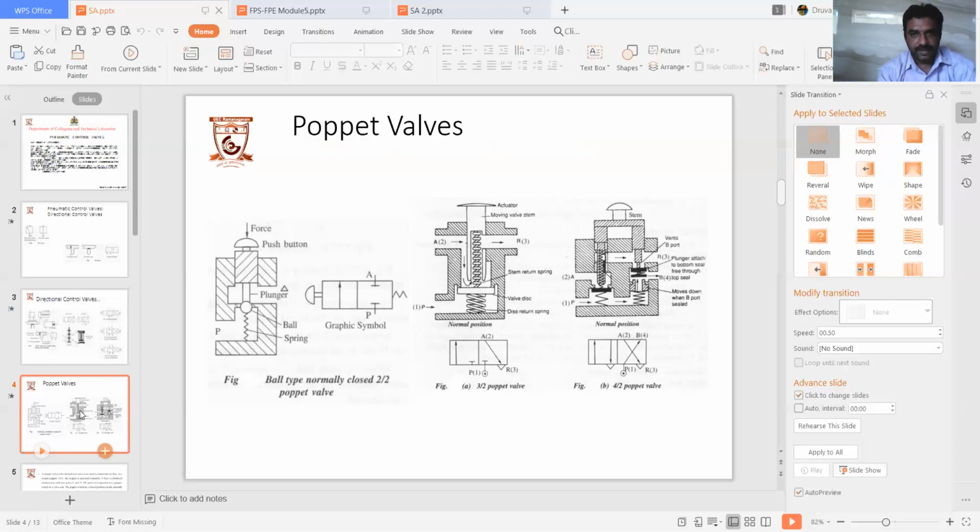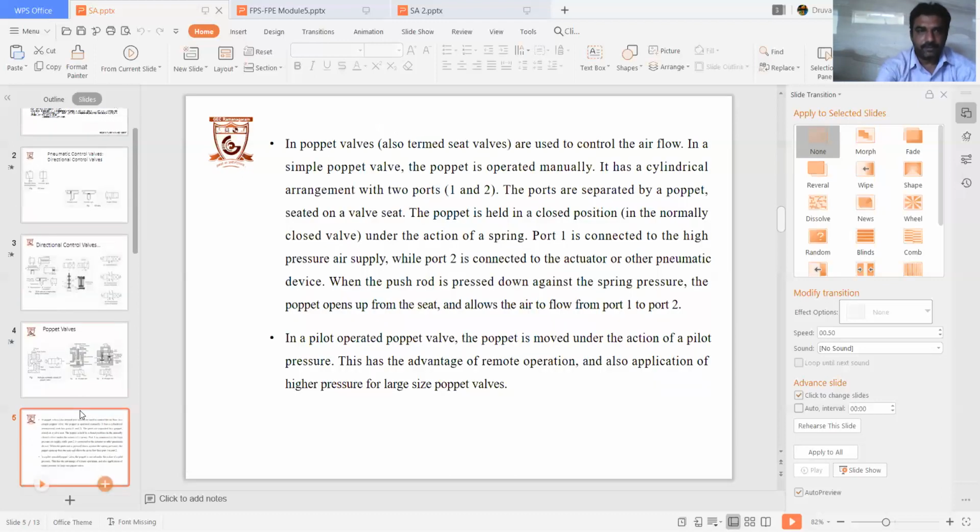The second figure shows the graphic symbol for the poppet valve. In figure A, you can see a 3x2 poppet valve, and in figure B, you can see a 4x2 poppet valve. The construction and working remain the same for all types of poppet valve.